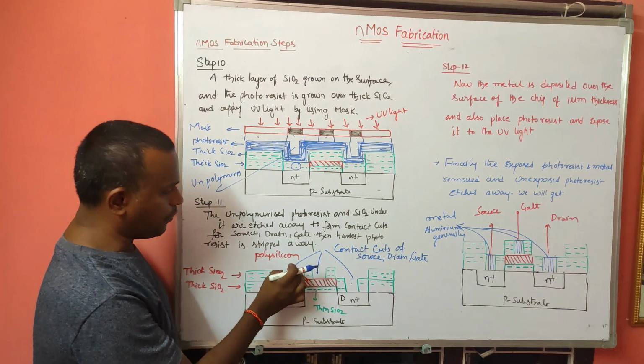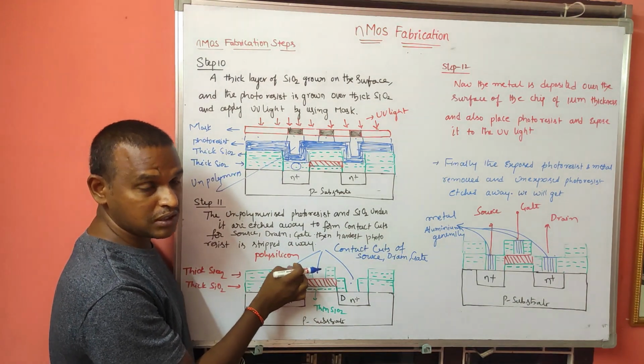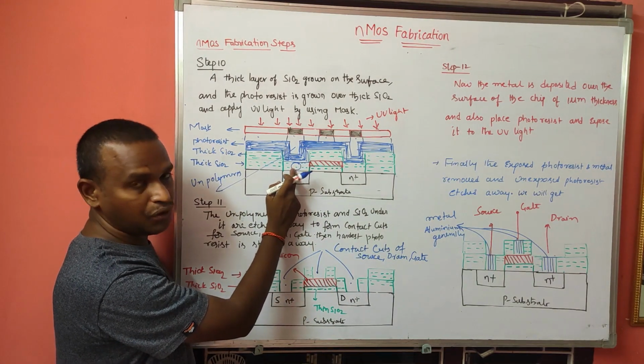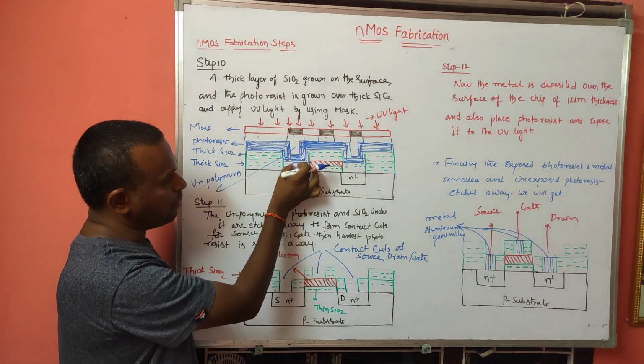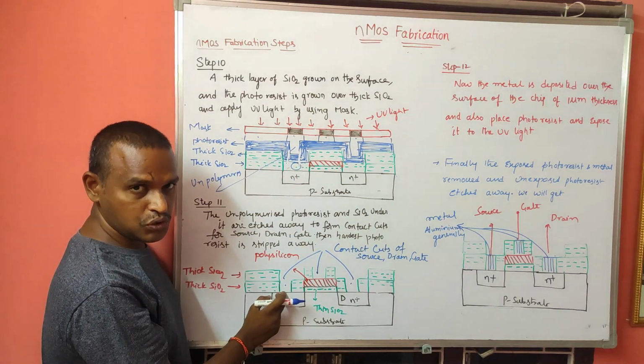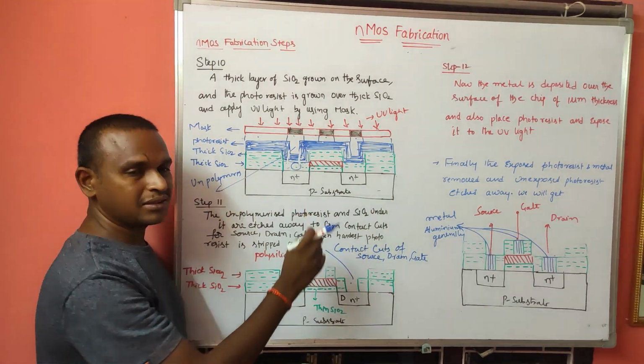Whatever we have here is unexposed photoresist, and under it we have the SiO2 layer. These two will be removed, so that there will be a formation of contact cut for the source. Similarly it is for the gate, similarly for the drain.